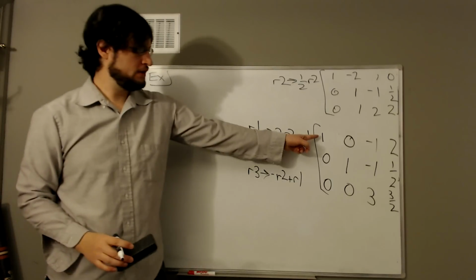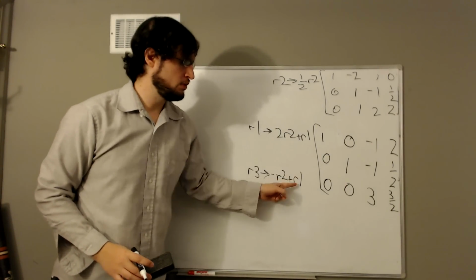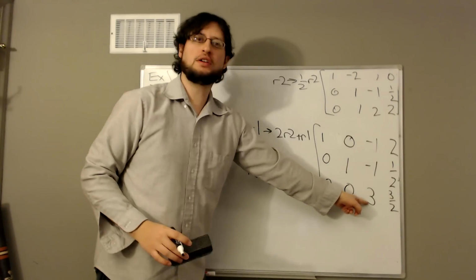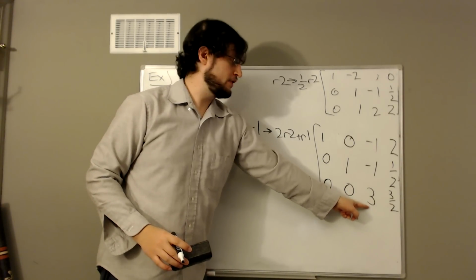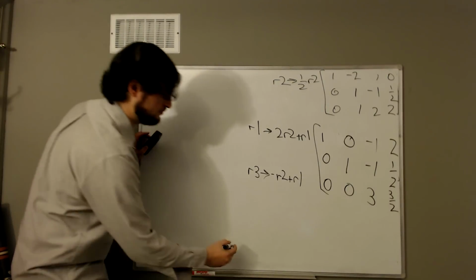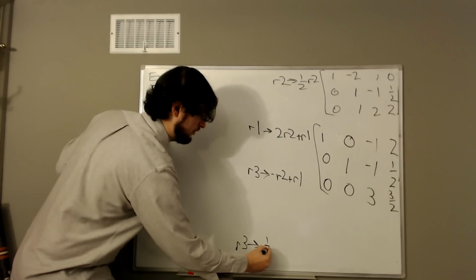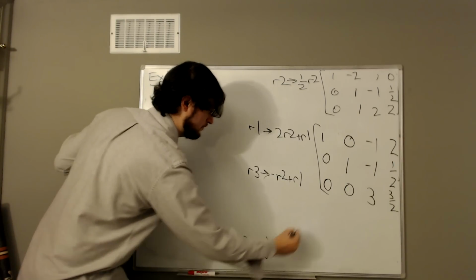We've got a pivot, zeros below, a pivot, zeros above and below. We move to our next pivot right here, and we're going to turn this into a 1 just by dividing by 3. So row 3 will become 1/3 row 3.